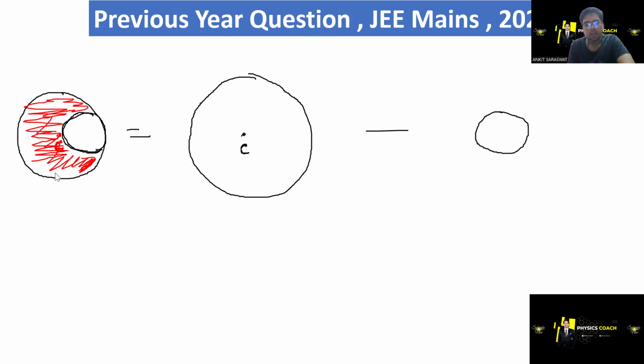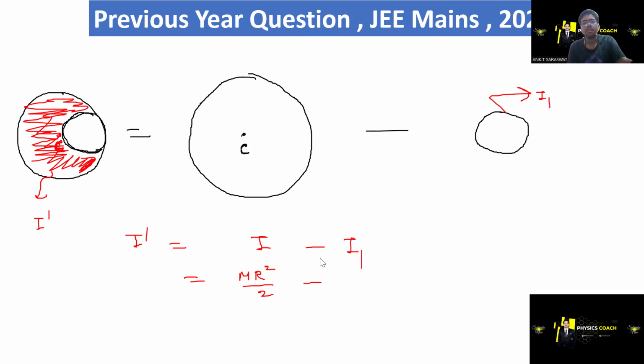Clear? Let us suppose it is I dash. This I dash will be I minus I1. I1 is the moment of inertia due to this small disk. We know that I is mr square by 2 minus I1. I1 is the moment of inertia of this cut portion about this axis.